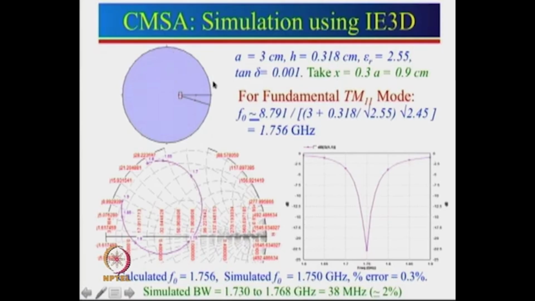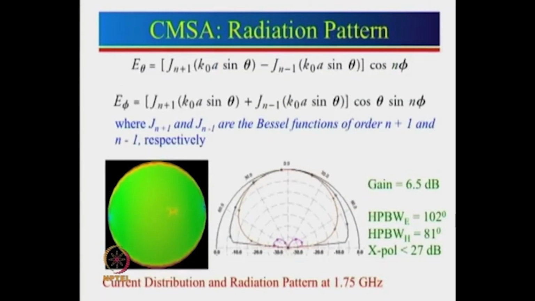So if I do some approximation, we can say this is an approximately uniform field here, and the field varies sinusoidally along this dimension. That is why the radiation pattern of a circular microstrip antenna is very similar to that of a rectangular microstrip antenna, and the gain is also similar to the square microstrip antenna.